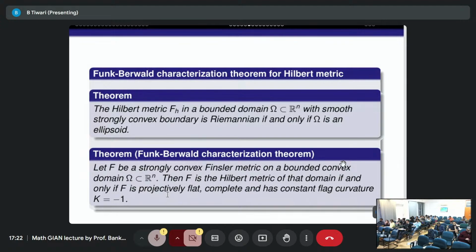So, this is an interesting characterization of this Funk-Hilbert metric.